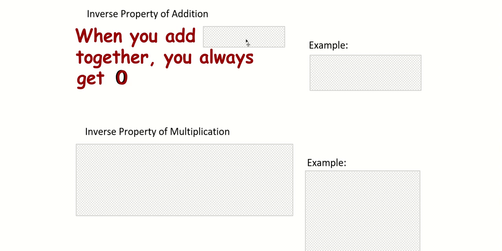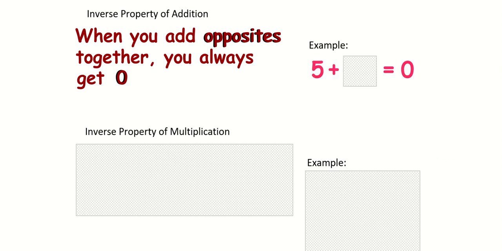Because remember when we were talking about additive inverses, okay? The more common, easier way to say additive inverse is just opposite. So it's a property, we call it a property. When you add opposites together, you always get 0. We literally wrote that down already.